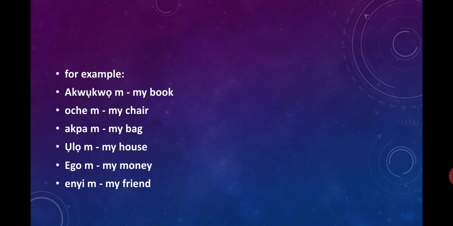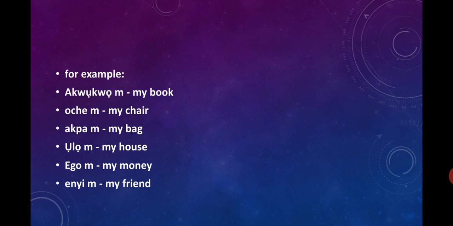Let's take a few examples. Akwụkwọ m, my book. You can see akwụkwọ is the object and the pronoun is m. So you are expressing ownership over the book.